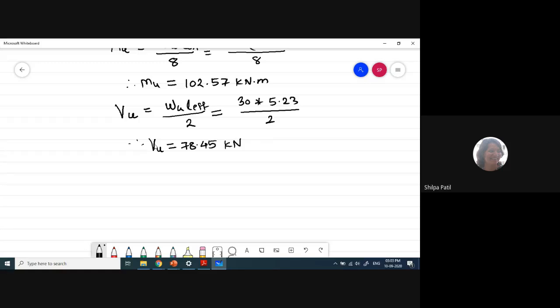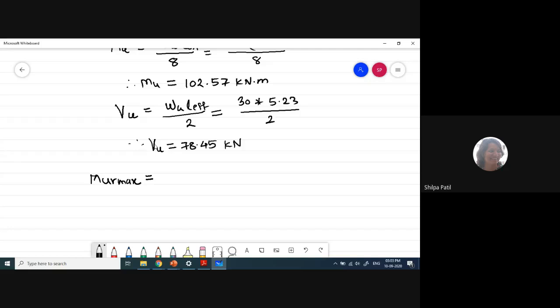Before that, we have to decide whether the given beam is to be designed as a singly reinforced beam or doubly reinforced beam. For that, we have to compare this Mu value with the maximum ultimate moment, or Mu,lim. So let us calculate the Mu,lim first, that is the maximum moment of resistance.